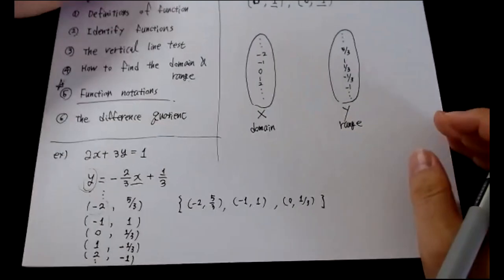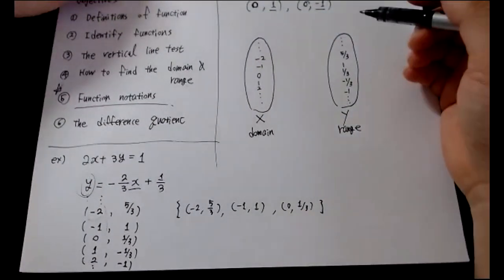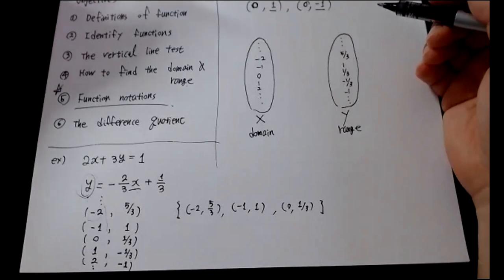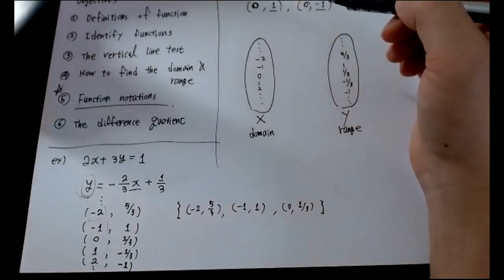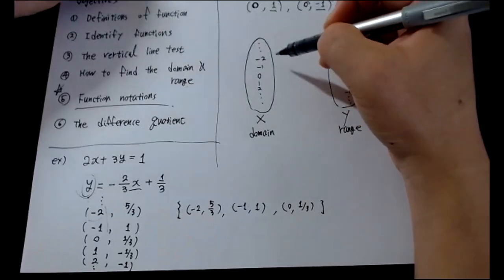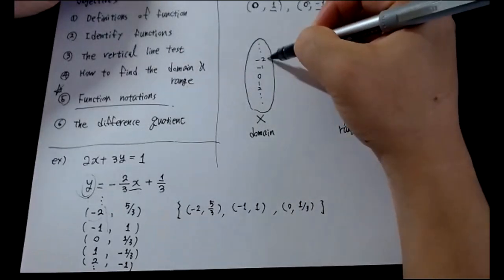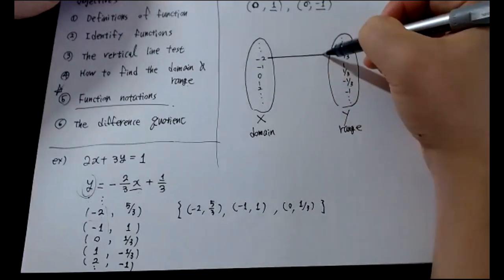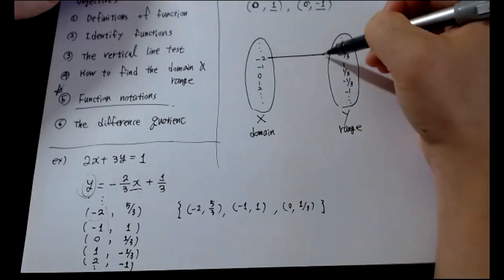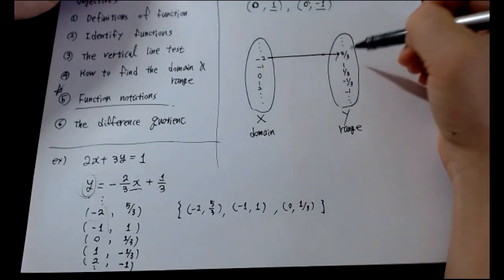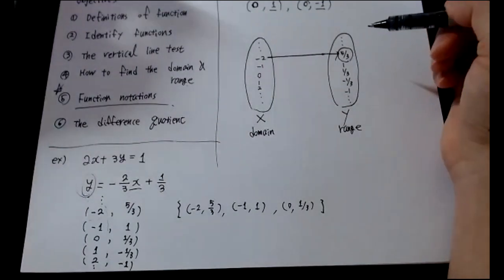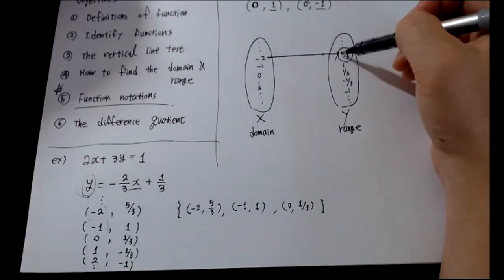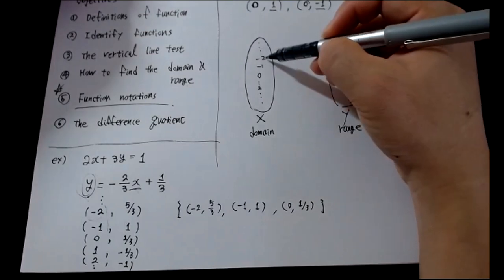Now, based on the first definition of function, the function rule assigns each element, the element being just a number, in a domain into the range, one set to a unique element in a second set. The second set means the range, right? So 5/3 is the only y value corresponding to the x value -2, right?